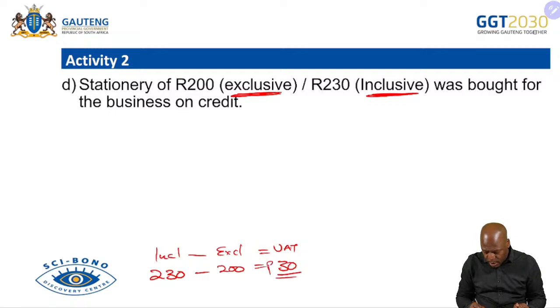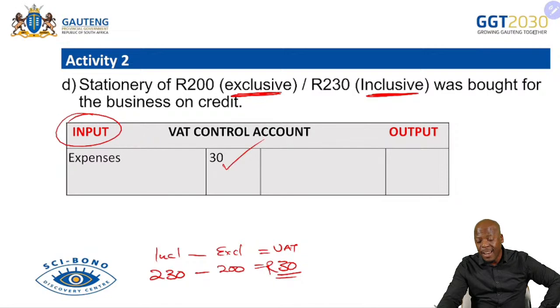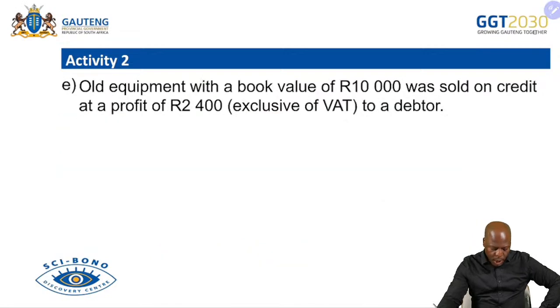You get your 30 rands. And then, what did we say? Where does it go? We have established that that 30 is going to go to your input VAT. So here is my 30 on the input VAT. Let's quickly go now to information E.